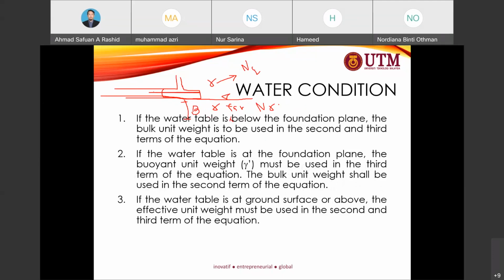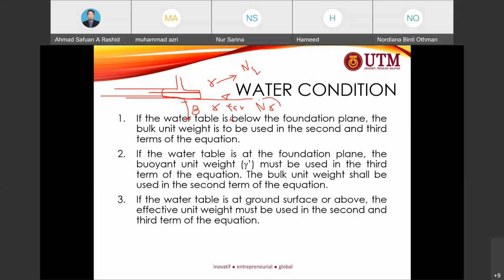Condition number 2: if the water table is at the foundation plane, or within the width of the footing, the buoyant unit weight must be used in the third term of the equation.